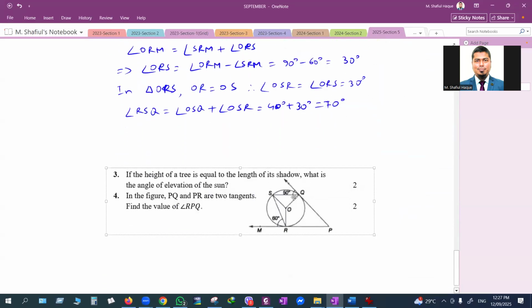Now you can see the figure. In the figure, RSQ is the inscribed angle and ROQ is the central angle.